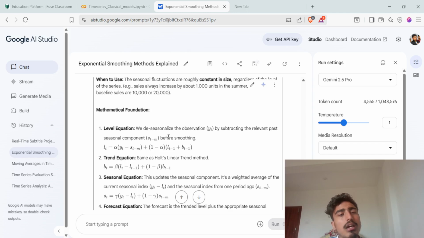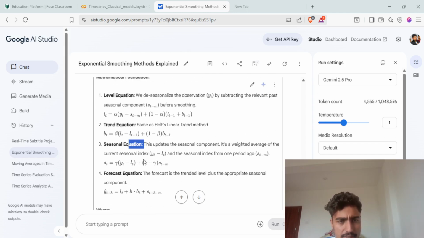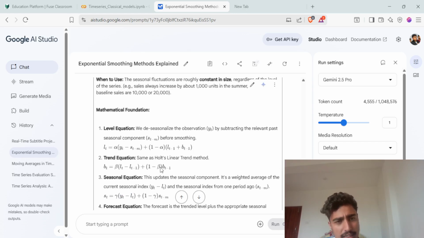Afterwards, subtracting the level from the series derives the seasonal equation separately. No more difference. The trend equation is the same as before, it is the extension of the Holt linear method.